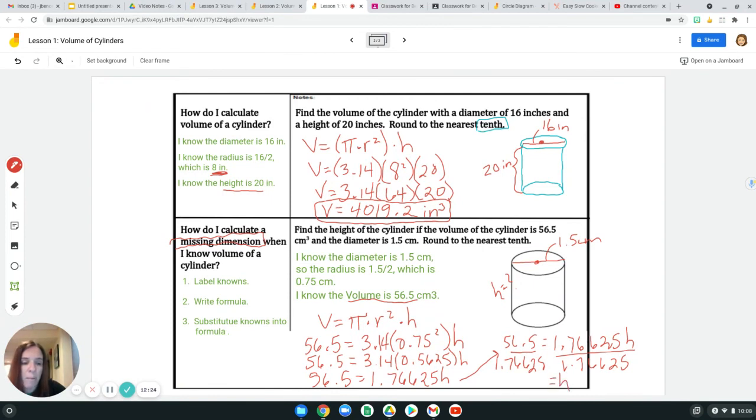And then we'll get 1h, our height, to be equal to 31.98. And we're supposed to round to the nearest tenth. So that 8 would make that 9 a group of 10. So our height is approximately 32 centimeters. And because it's height, we're not doing centimeters cubed. We were looking for one of the dimensions.